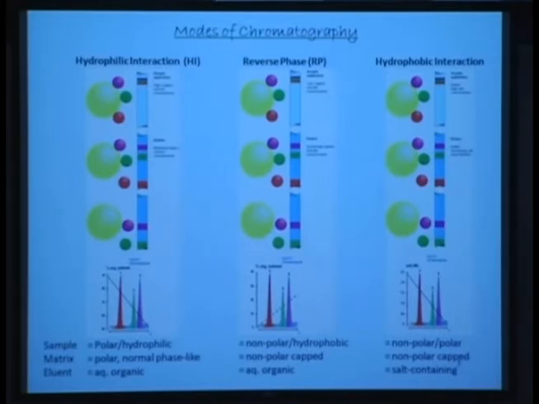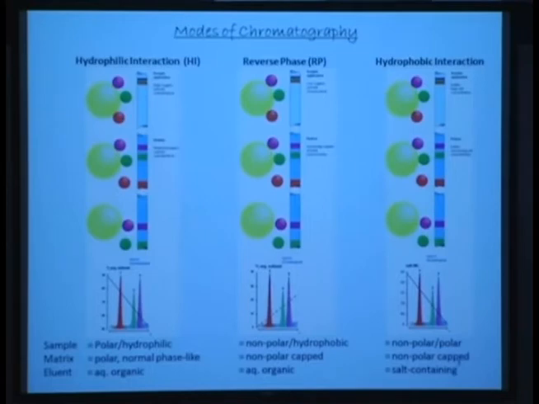So these samples would bind through hydrophobic interactions, and as we increase the concentration of the organic solvent, we competitively reduce the interaction between the hydrophobic part of the molecule and the matrix, and thereby resolve the mixture of hydrophobic group containing glycans.